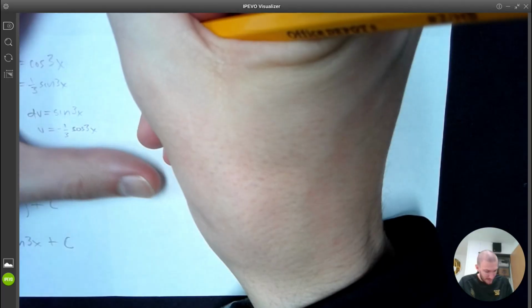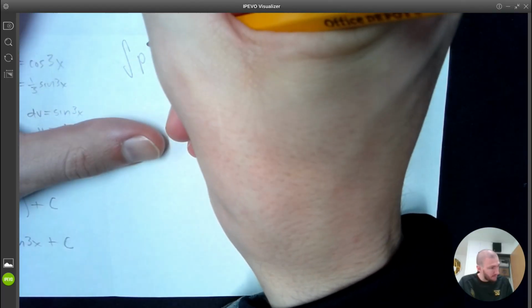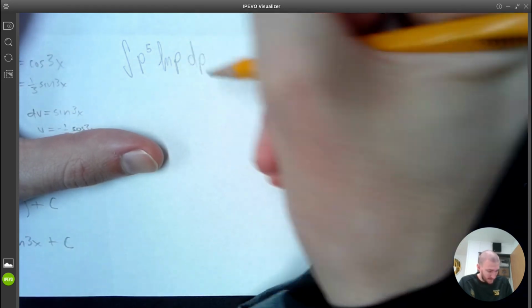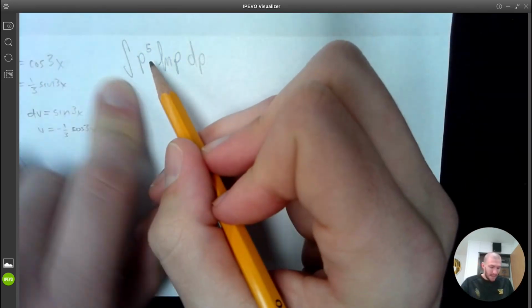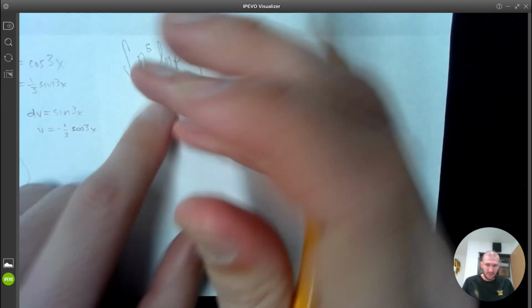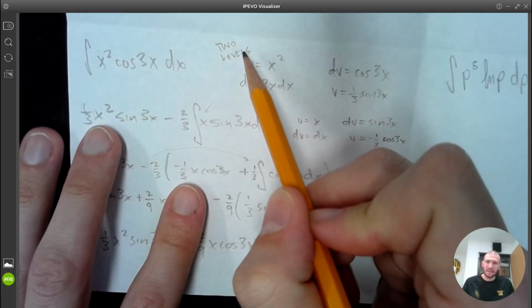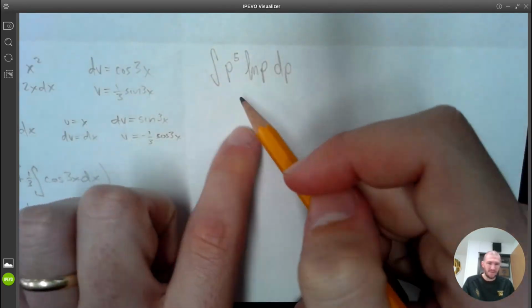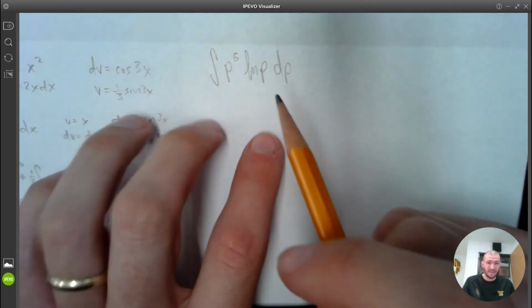All right, the integral of p^5 ln p dp. Now, a lot of times we need to wait for the x term to degrade. Like over here, we needed it to degrade twice. Now this is p^5, so I'm thinking, do I need to do integration by parts five times?